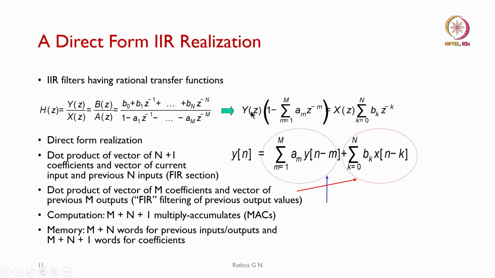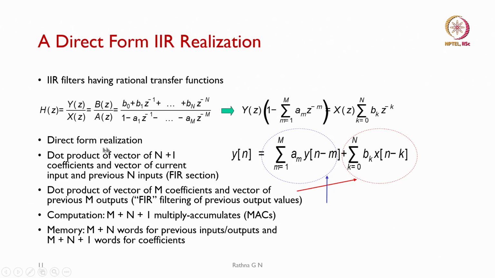Which implies that Y of z is represented as 1 minus the sum over m equal to 1 to M of am z to the minus m. This represents our poles, and it is equal to X of z times the sum over k equal to 0 to N of bk, the zeros, times z to the minus k.